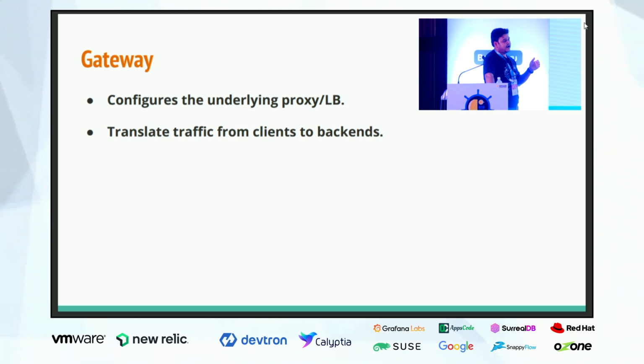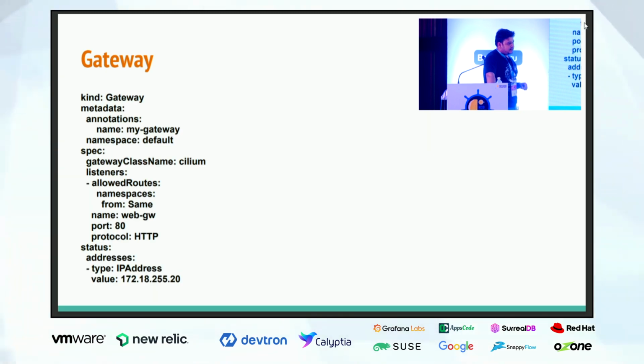All those administration related to the proxy itself are defined in the Gateway. And this is the structure of a simple Gateway. Here we specify the gatewayClassName, which specifies which GatewayClass it is coming from, and then we specify listeners, basically on which port we intend to accept traffic, and then the protocol, right?